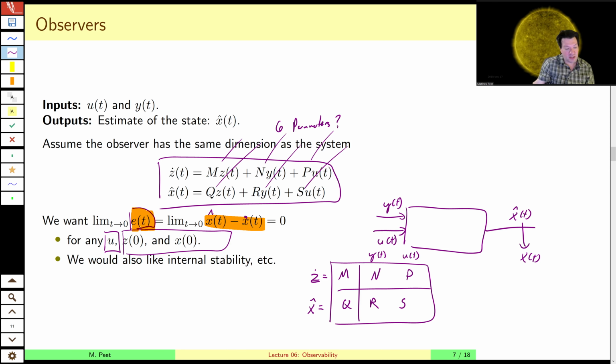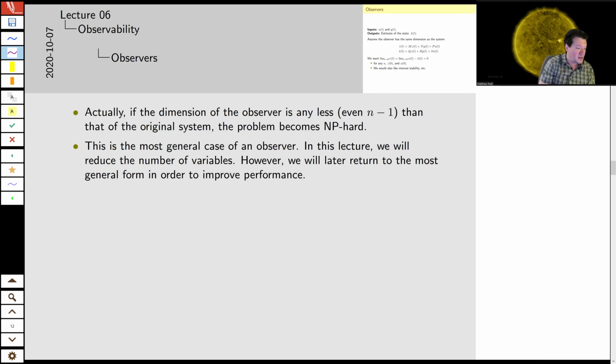How do we choose those 6 parameters based on our notions of observability that we talked about previously? First of all, we're going to constrain ourselves to state spaces where z of t is in the same dimension as the state itself, which is relatively reasonable.